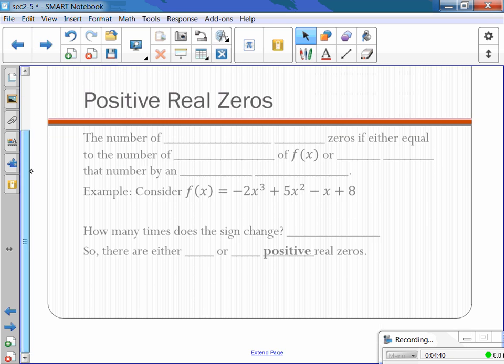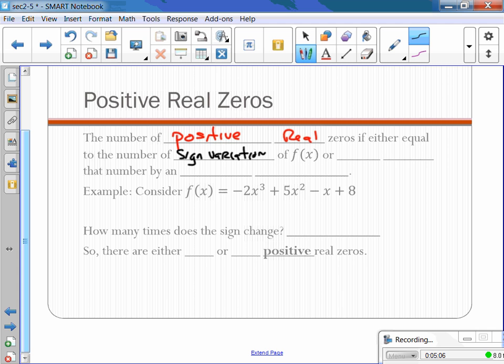So, with Descartes' rule of signs, the number of positive real zeros is either equal to the number of sign variations of f of x.